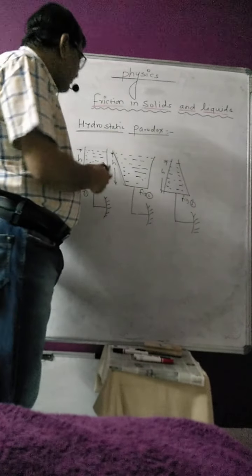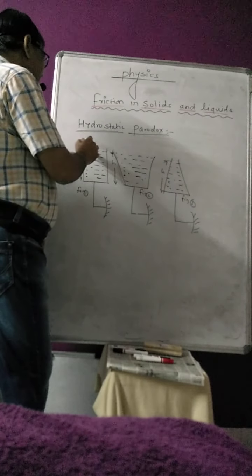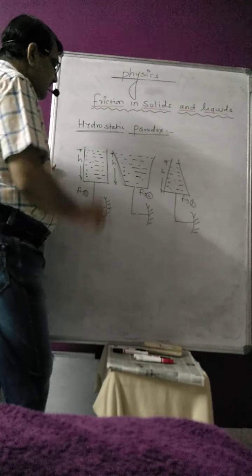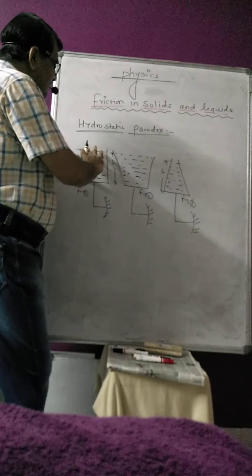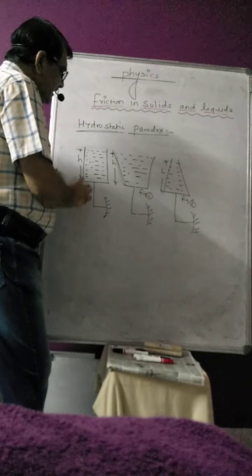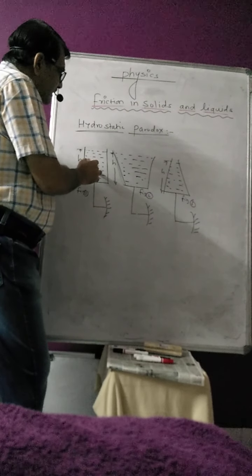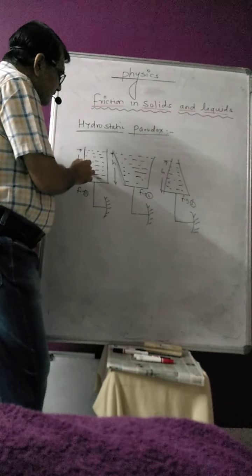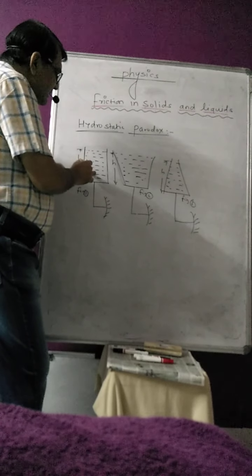Now in the first container, if this is a very straight container, that is, a cylindrical container, filled to a certain height h, then no doubt this water will exert pressure on the walls in this direction.